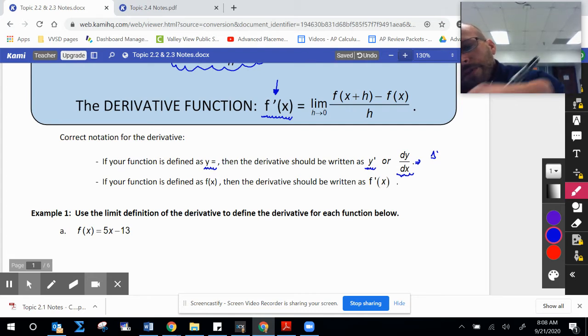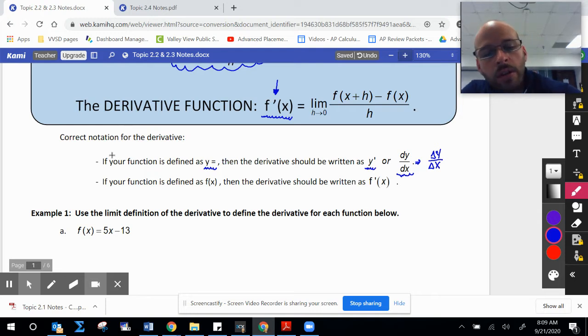Okay, when we find the slope of a line, we always find the change in y over the change in x. Those d's, dy and dx, just stand for delta y, delta x, change in. So you might see that notation as well.